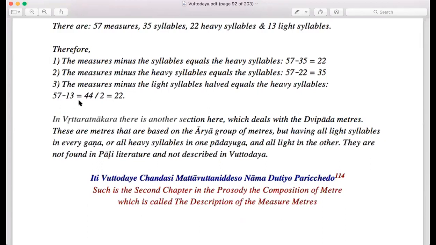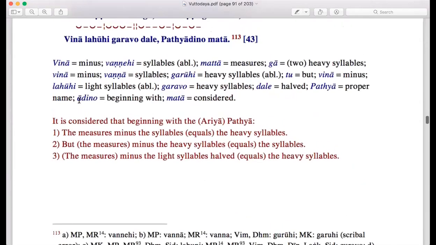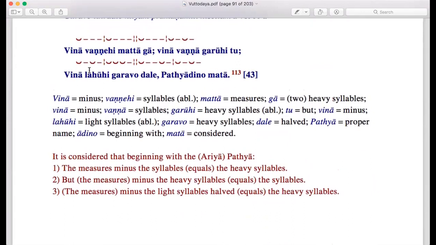But the Burmese text gives another translation, like vina lahuni garavo. Vina lahuni garavo. That means dale is not concerned with this calculation. Dale just means in portions of the verses, in every portion, just like in every verse.